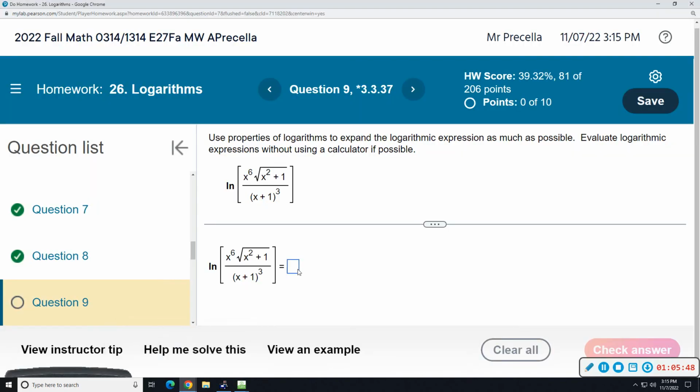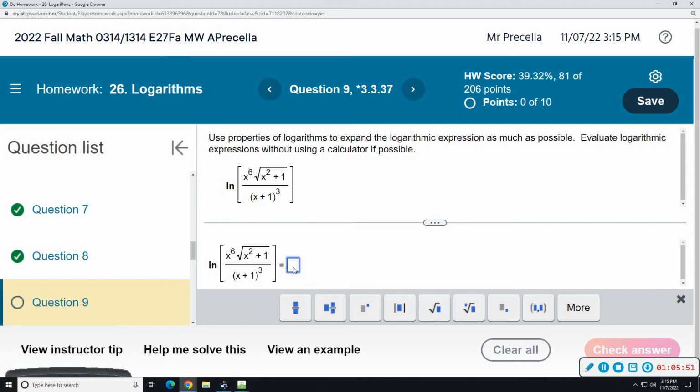Oh, gosh. Make sure you're typing lowercase l, not capital I. 6 ln x plus 1/2, right arrow, ln x squared plus 1. If there's ever any addition after an ln, it has to be in parentheses.